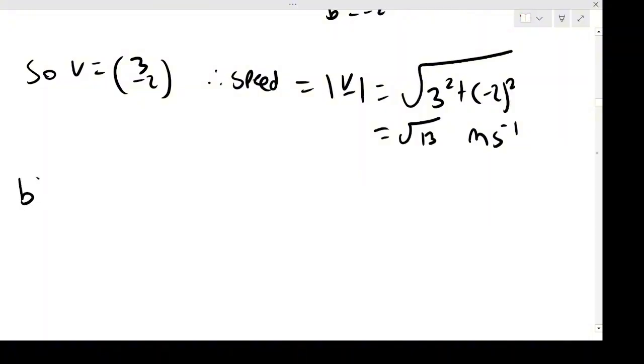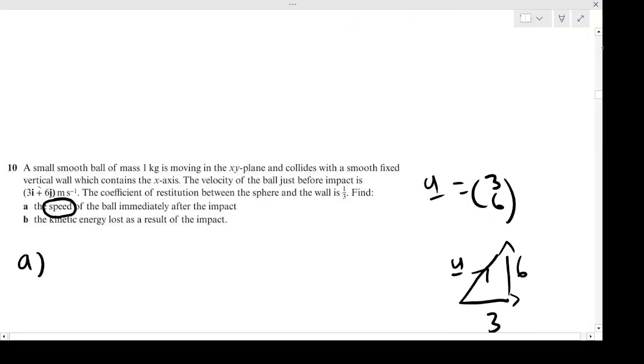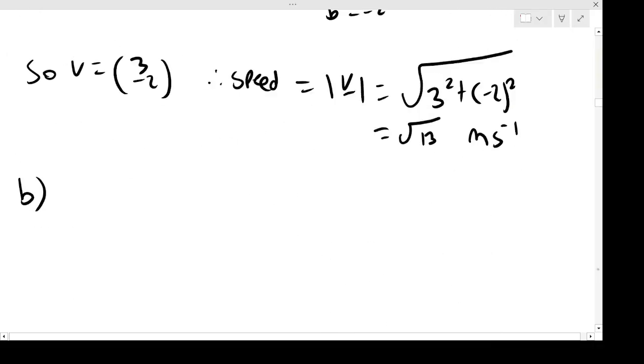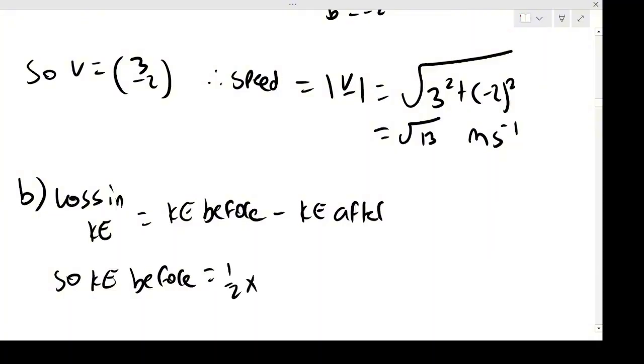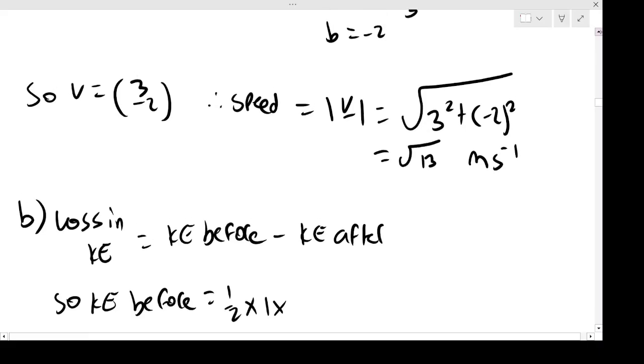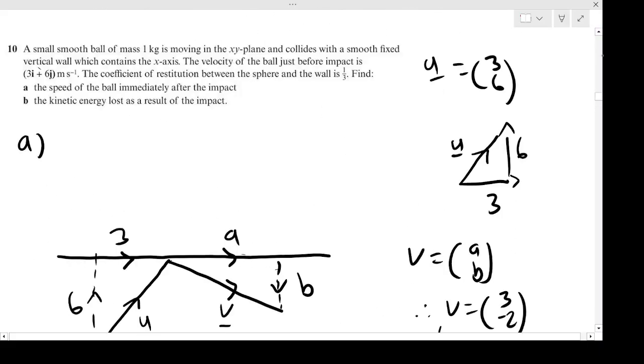Now that follows quite nicely because part B again is asking for the kinetic energy lost. So the loss in kinetic energy again is going to be the kinetic energy before, take away the kinetic energy after. Well, the kinetic energy before is going to be half times the mass, which was 1, times the speed before. Well, the velocity before, u, is 3, 6, so we're going to need to magnitude that.